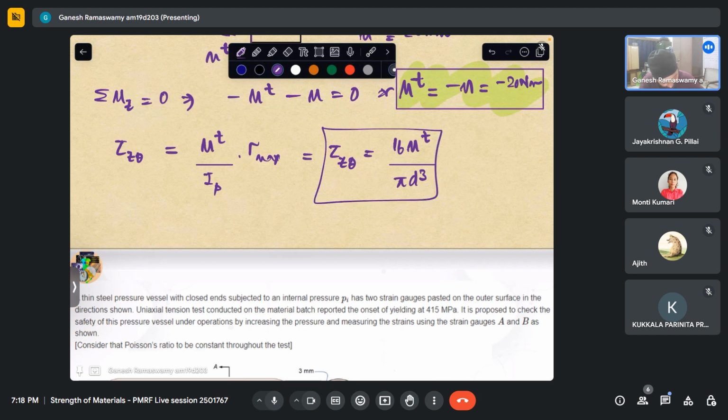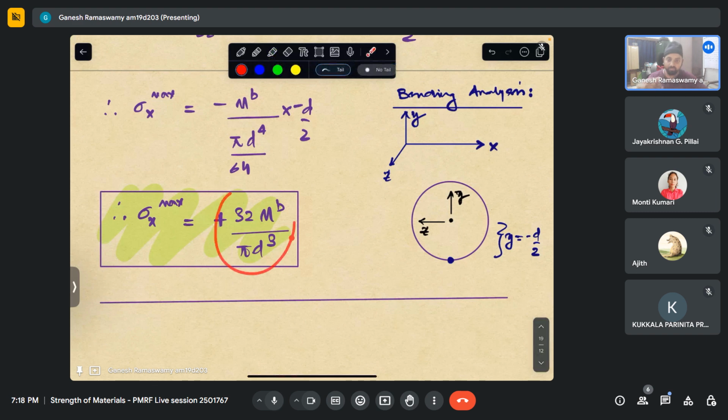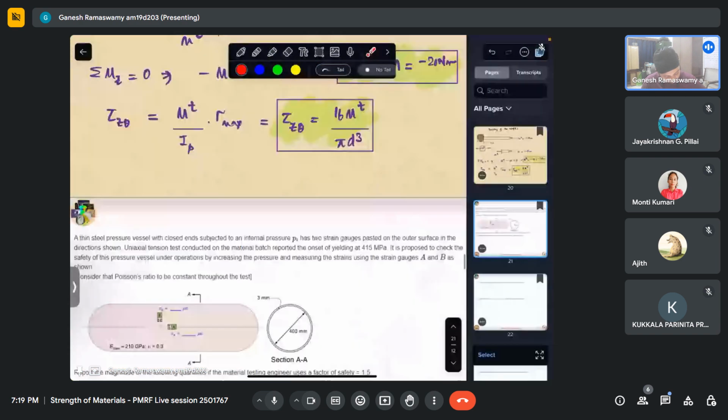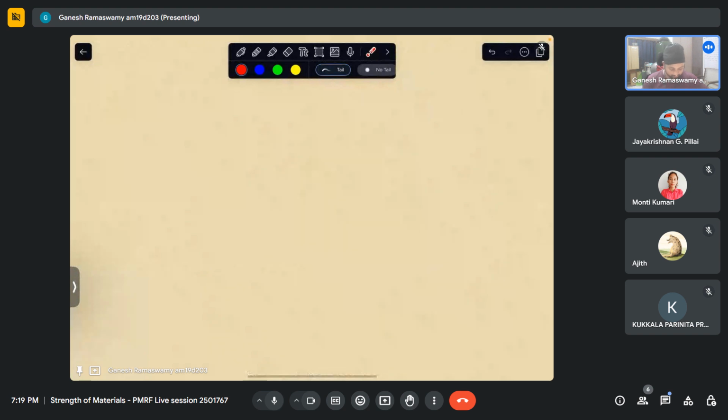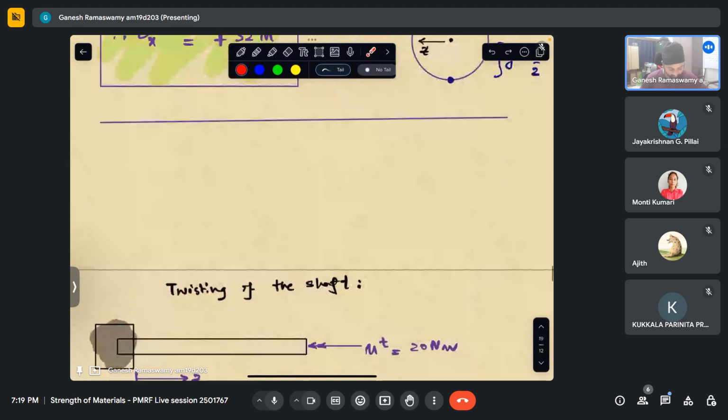All right. So we have got what is the action in terms of stress for the twisting part, and as for the bending part, we have the normal stress at any section. Now we have to populate the stress tensor at some point. So let us go ahead and do that. I'm sorry, just a moment.